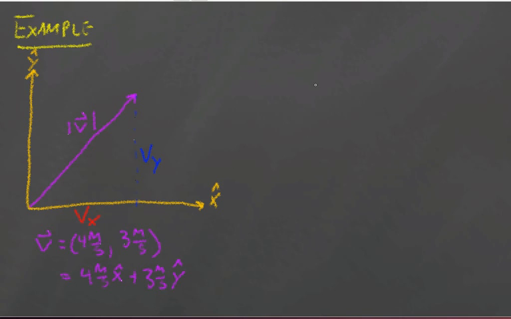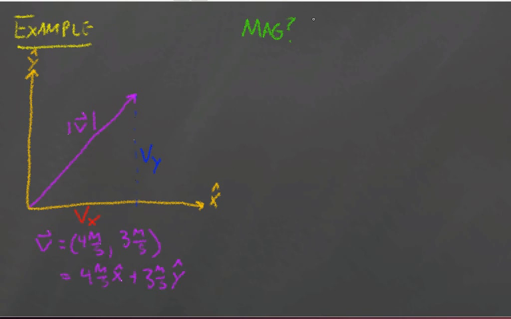Okay. Now you remember before when we were initially talking about vectors, we said that the vector had a magnitude that was a scalar and a direction. So where's the magnitude in all this component form?